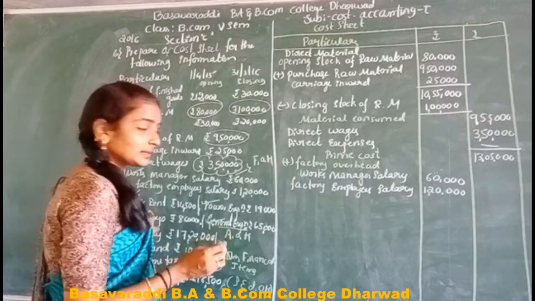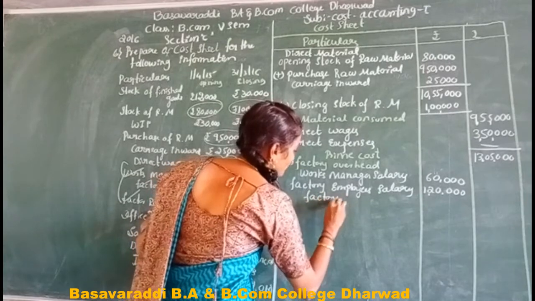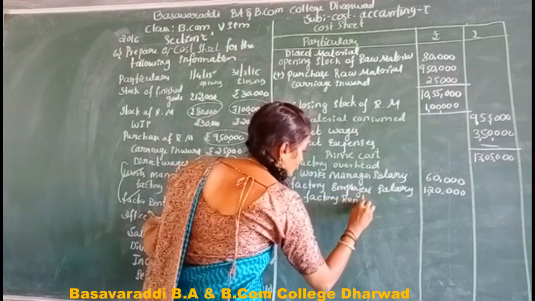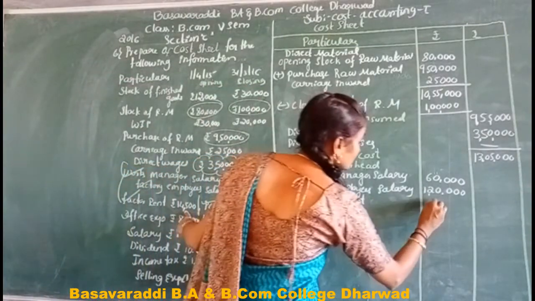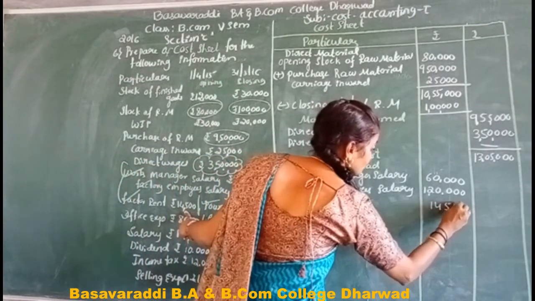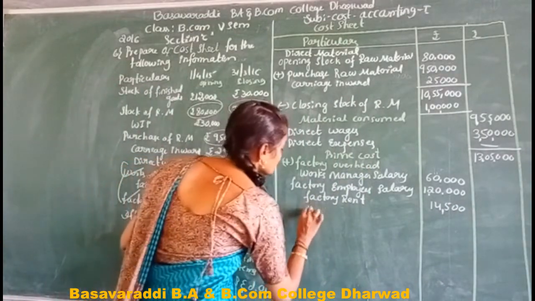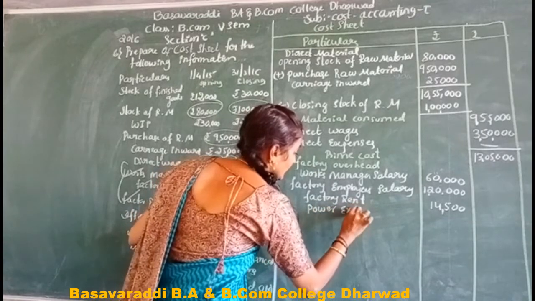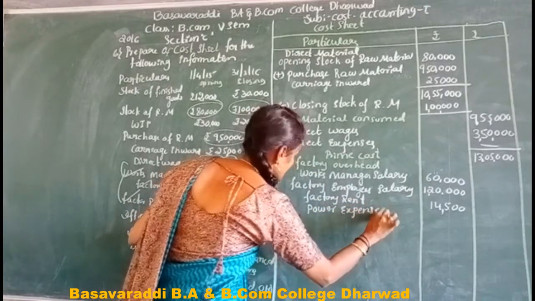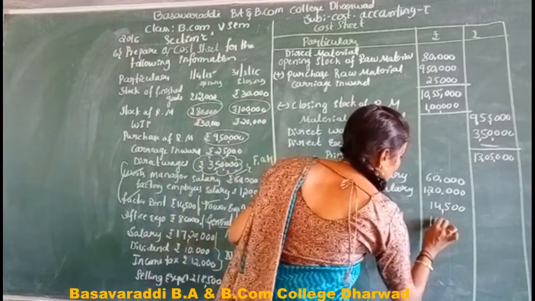Next, factory rent 14,500. Next, power expenses. How much? 19,000.